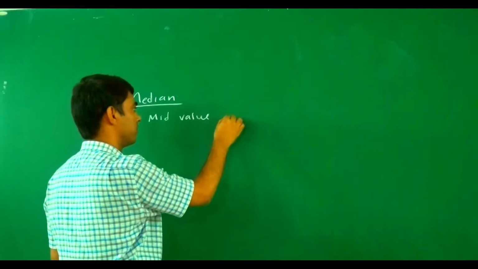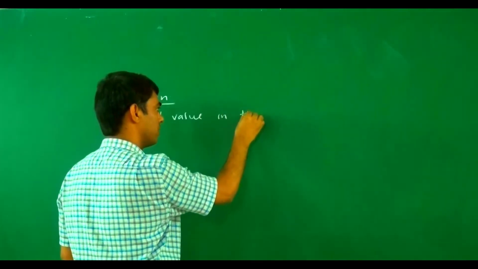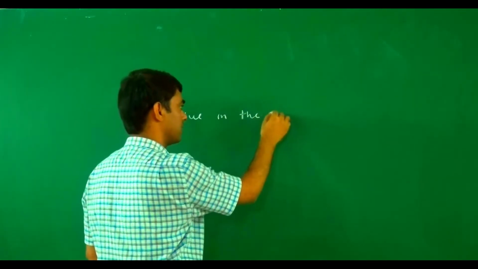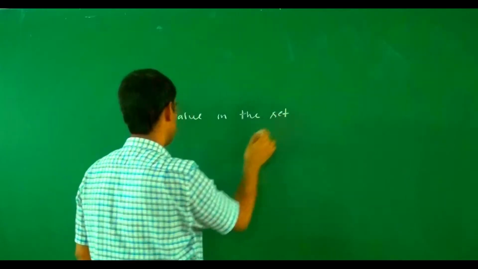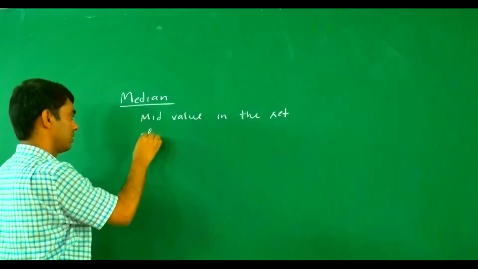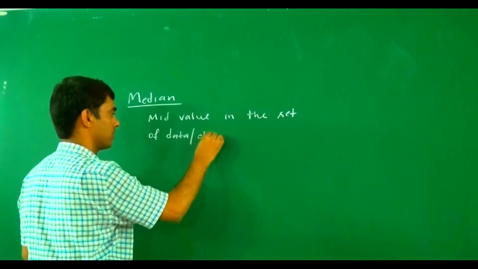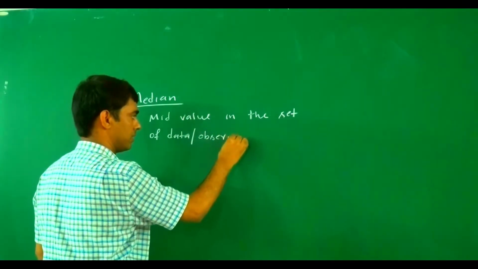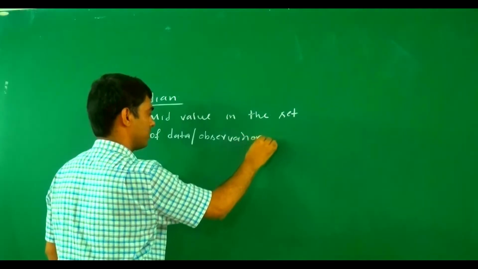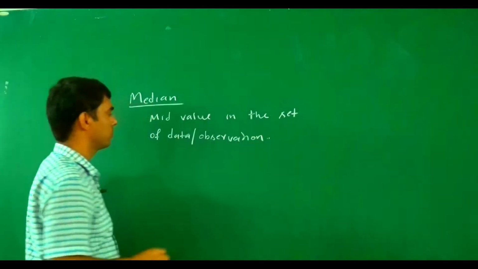For n observations in a set of data, what is the meaning of this?